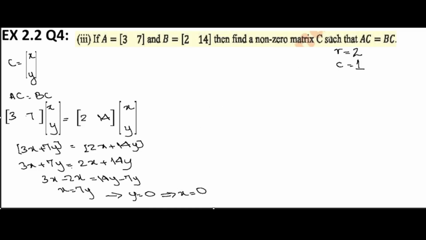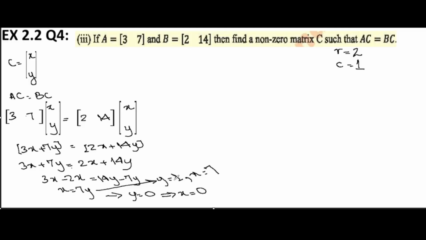It is given that C is a non-zero matrix, so we cannot consider that its values are 0 and 0, so we have to find other values. For example, if we take y equals 1, then x would be equal to 7.